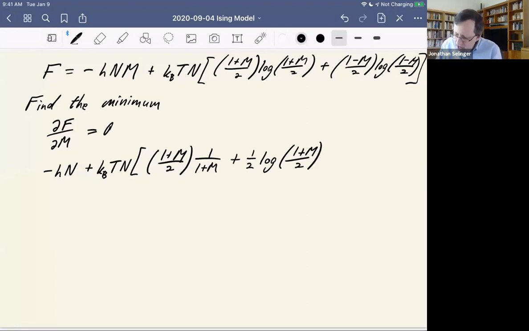Okay? And then likewise for this next set of terms, again, it's time to use the product rule.